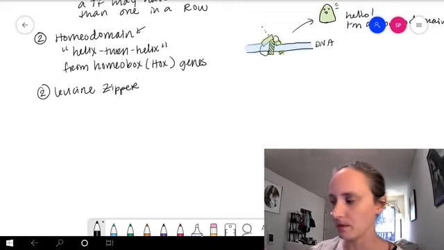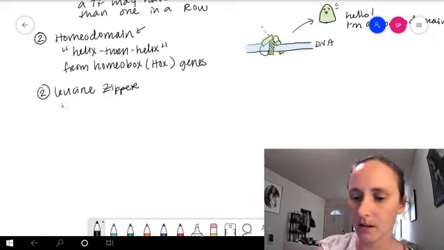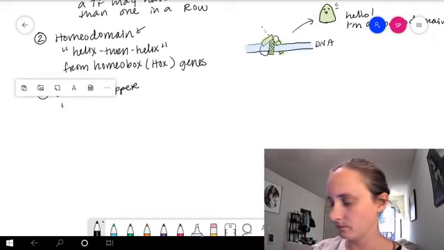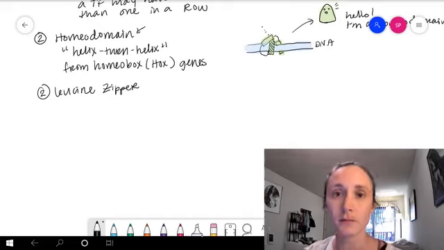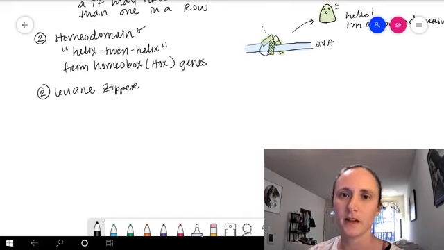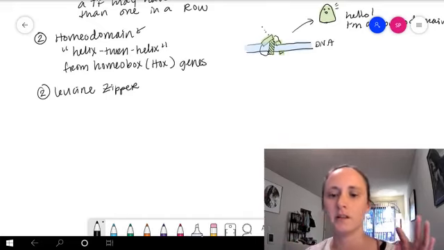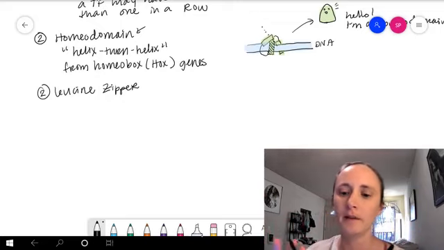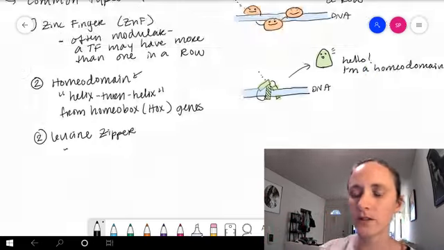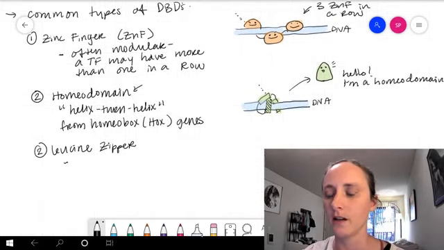Don't worry, you won't be disappointed. Well, maybe. Leucine zippers must bind as a dimer. So you must have 2 different proteins that have a leucine zipper domain in order to grab the DNA. These other 2 you can often find also bind as dimers, but they don't have to.